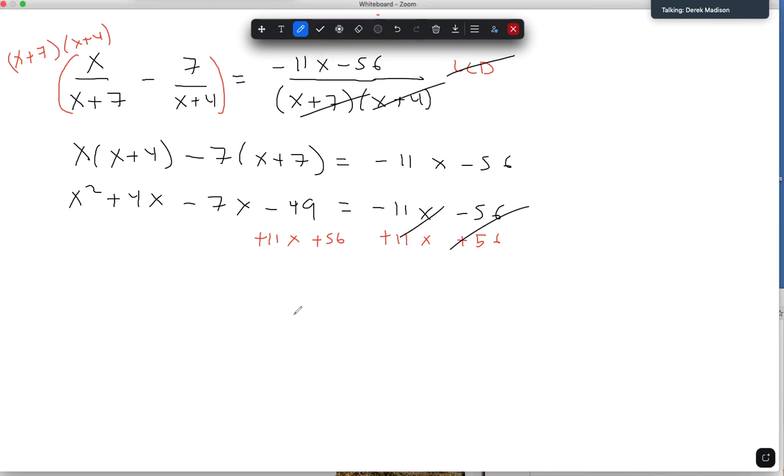So then that all cancels out. Over here I would have x squared plus 4x minus 7x, that's minus 3x, and then plus 11, minus 3 plus 11 would be 8x. And then here we had minus 49 and plus 56, so that is plus 7.